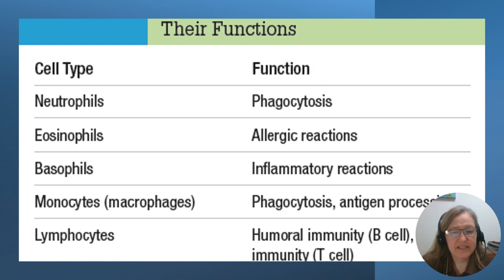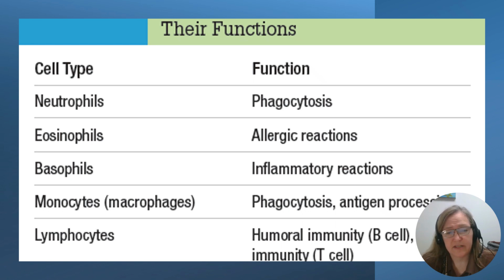I don't usually test on this, but it's important to have a general knowledge of the function of the white blood cells and what an elevation or a lowering in each of these can mean. And so neutrophils, of course, are important in phagocytosis. And phagocytosis can be any foreign body that the white blood cells find in the system. Basophils are involved in inflammatory reactions.